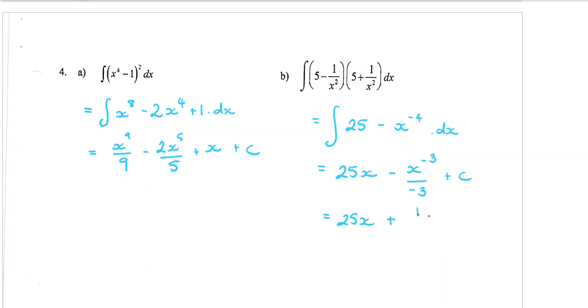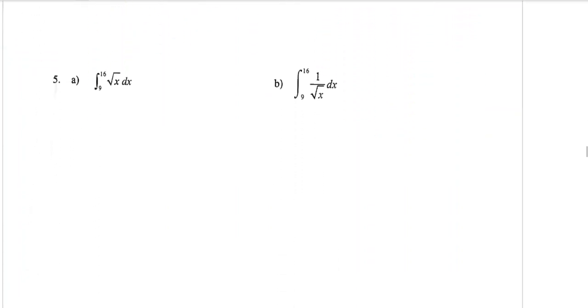So it'll be 1 over 3x to the positive 3 plus c. So the hard part sometimes in these integrals has got nothing to do with integrating. It's the indices that you have to do or the expanding or whatever other things that go along with it.